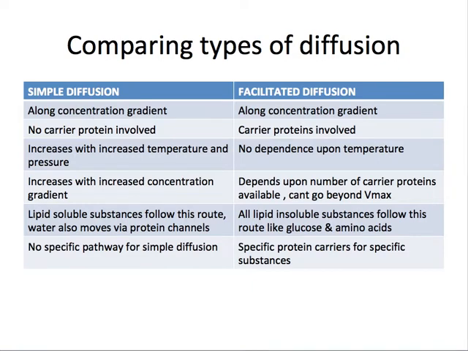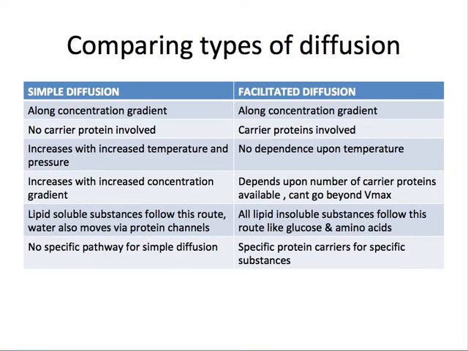Now, as I already told you, simple diffusion increases indefinitely with the increasing concentration gradient. But facilitated diffusion cannot go beyond the Vmax. There is a limit to an increase in the rate of facilitated diffusion, because facilitated diffusion depends on the number of carrier proteins which are available at that particular time.